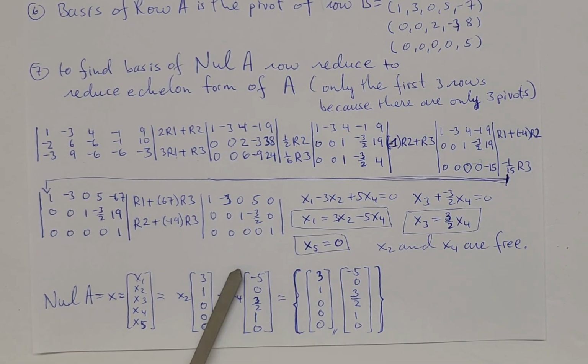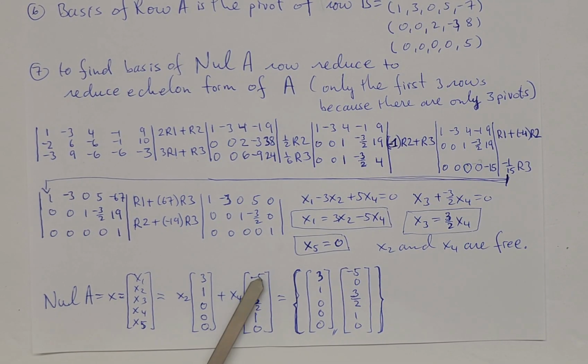Okay, now do the same thing with x4. First term x4, which is this negative 5. Second term for x4, 0, because there's nothing. Third term of x4, which is here, 3 over 2. Fourth term of x4, since it is free, 1. Fifth term of x4. There's nothing, so 0.